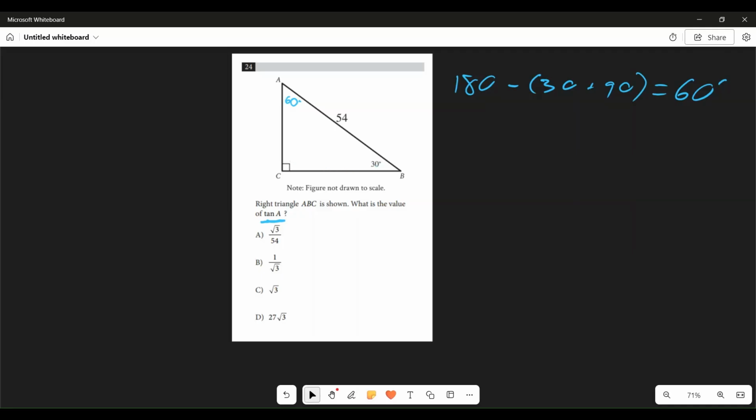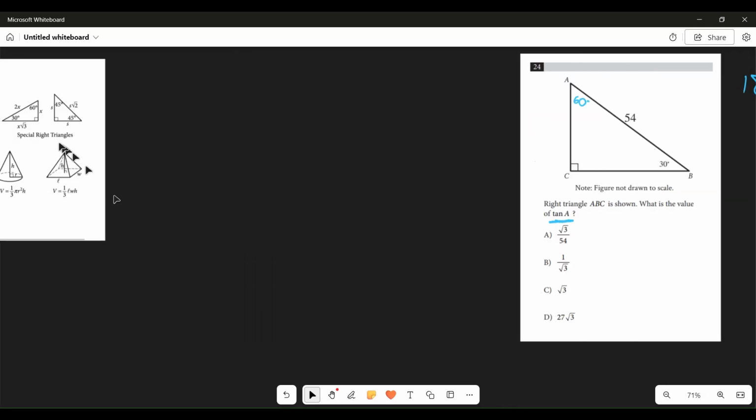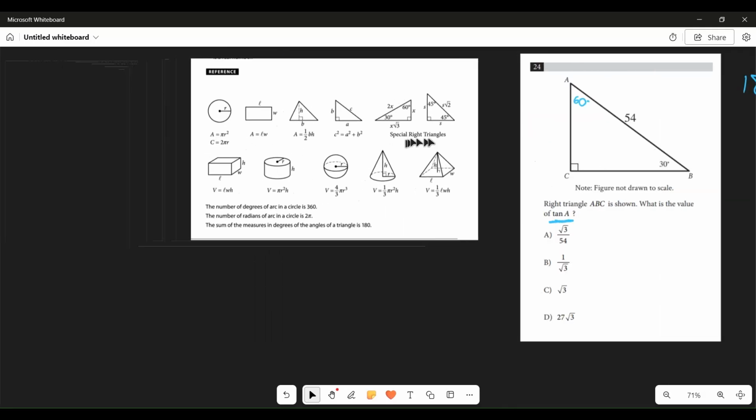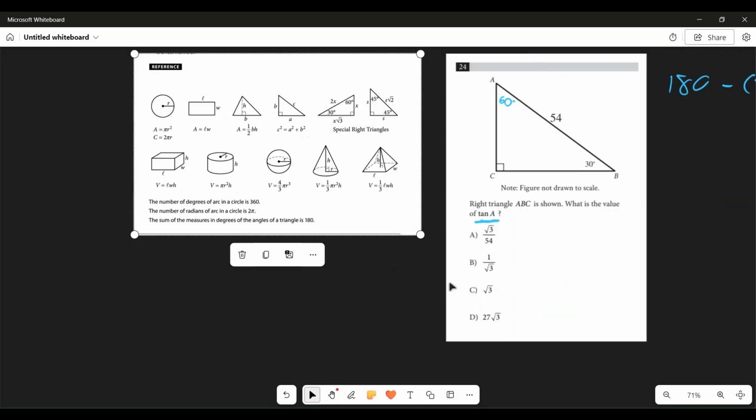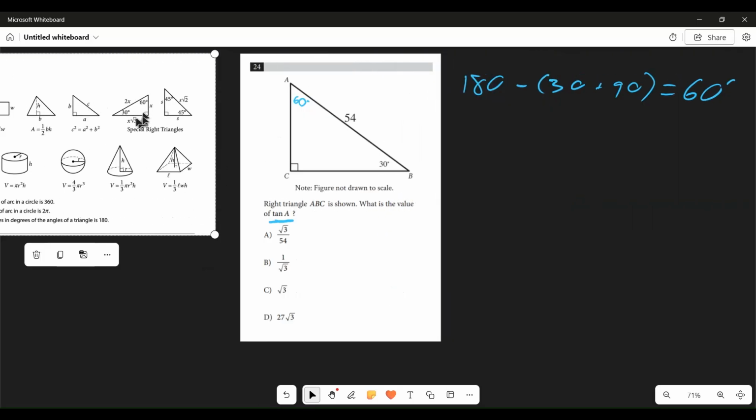Earlier on in the math module, right at the beginning, they give us this handy little reference sheet, and notice 30, 60, 90 is a special right triangle. So what is so special about these right triangles? Well, the lengths will all be some proportion of this base length x. We need to identify where x falls. x is always going to be across from 30 degrees.